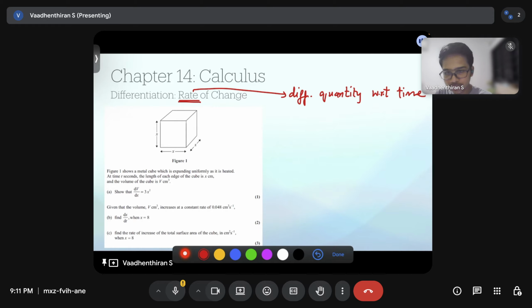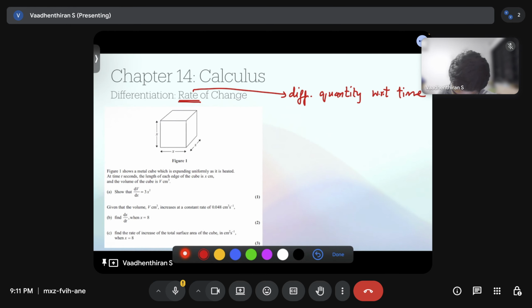That's called the rate of change. And here's a small question.